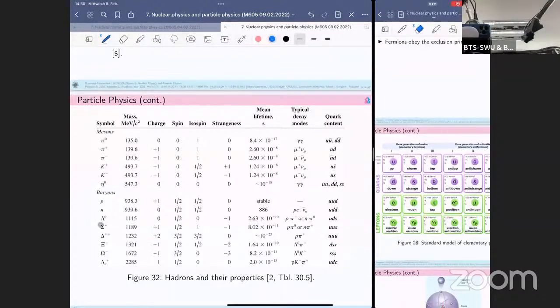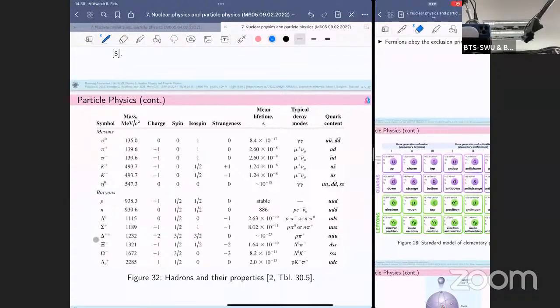Okay, the hyperon lambda 0 has the up quark, down quark, and strange quark. Okay, any combination of that, like a sigma plus is composed of 2 up quarks and a strange quark.